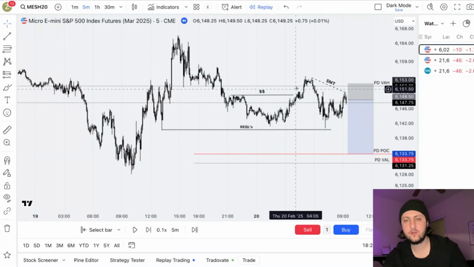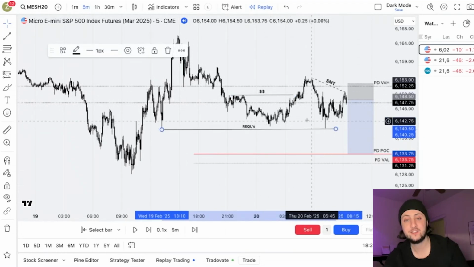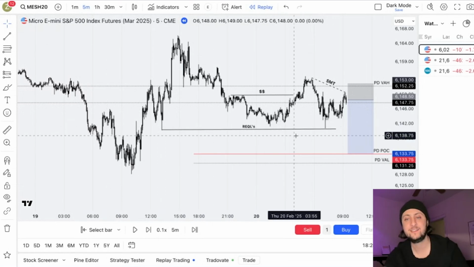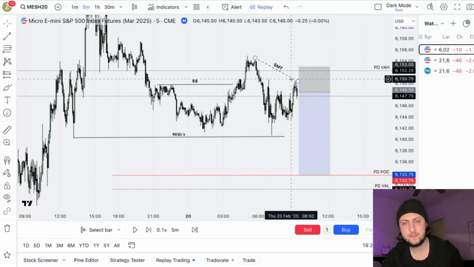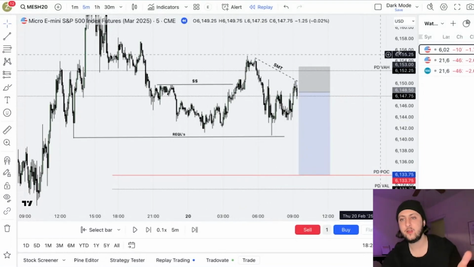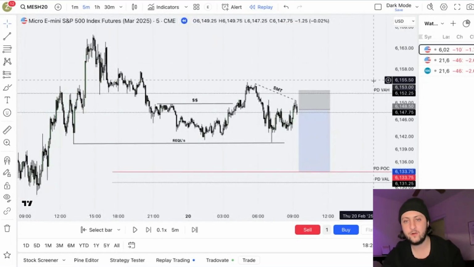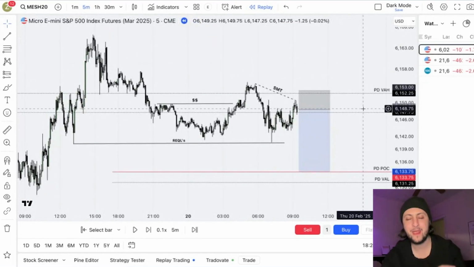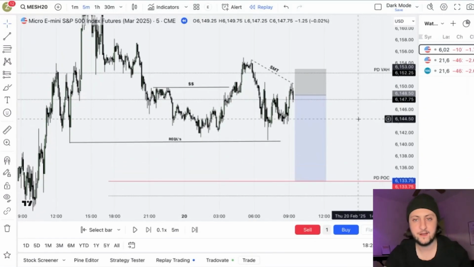Then we swept an internal high here, but displaced lower again, still leaving these lows intact. So now there's liquidity resting here, and even more is being built up. On top of that, we have the SMT divergence. ES puts in a lower high here, while NQ puts in a higher high. This is what I call an A++ setup. I will take this setup any day of the week if you give it to me. This is my favorite kind of trading setup.